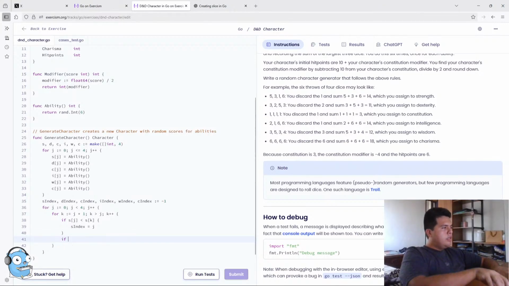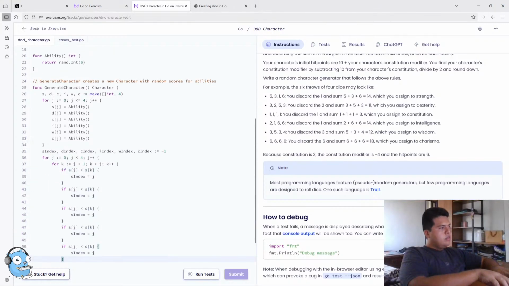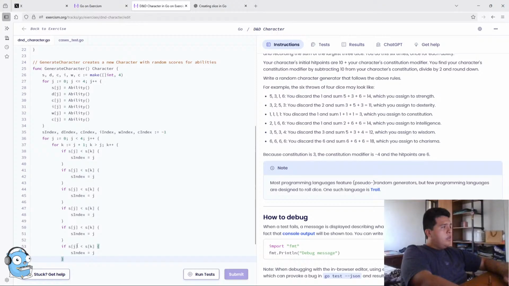The same thing for the others, I will add the d, the c, the i, the w, and the c. S index, D index, C index, I index, W index, C index. Okay.